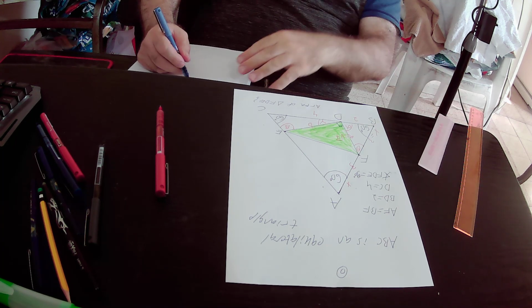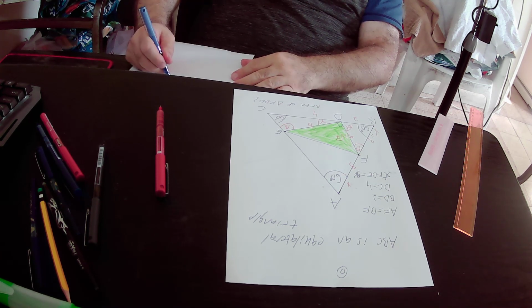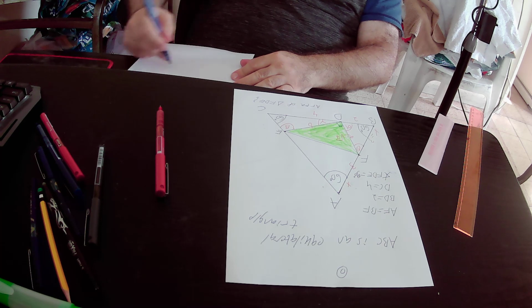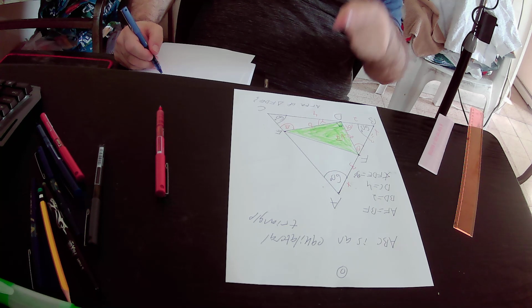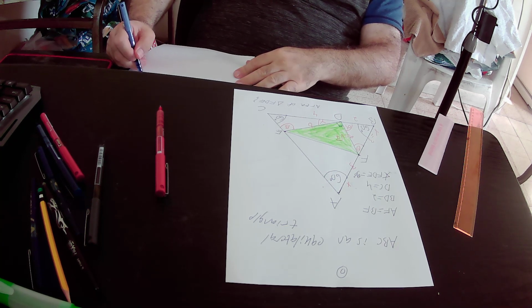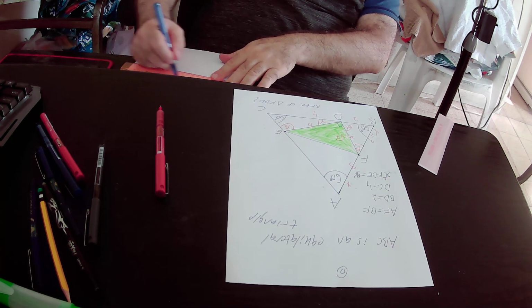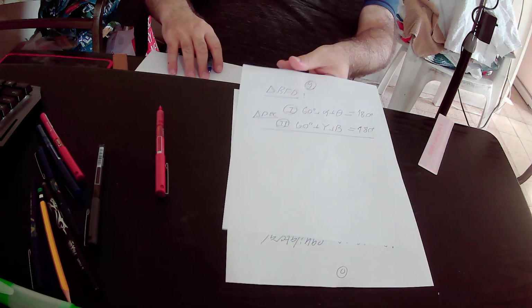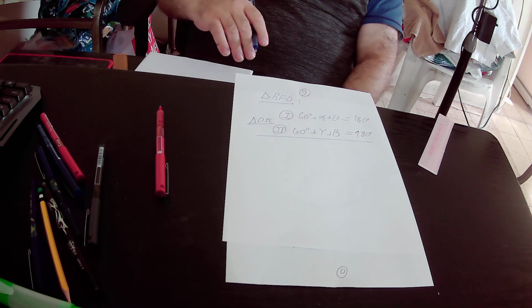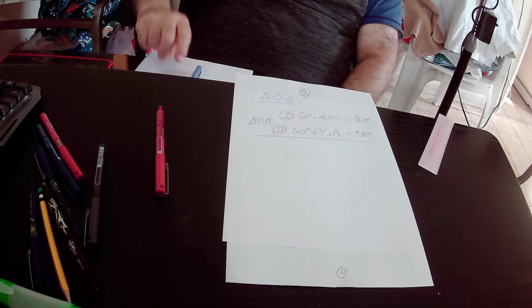It is 60 degrees plus gamma plus beta, and we know that the sum of the angles in any triangle, and especially in triangle DC, equals 180 degrees. So that will be our second equation.